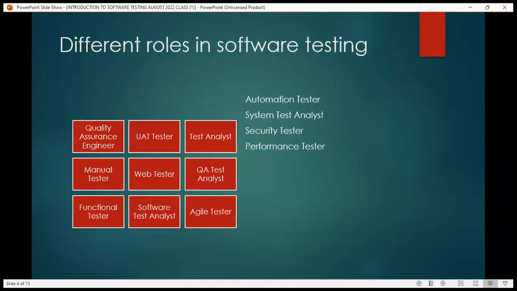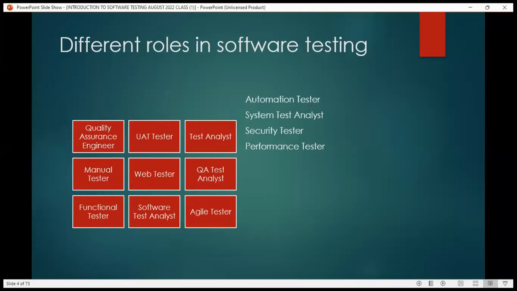And I told you about the different types of roles involved: quality assurance, UAT, testing, manual testing. These are just the names attached to it. It's just one body, one person. It's just like me now, Yemi. I can have 10 names given to me by different persons. But am I changing? No, I'm still Yemi. I'm still doing the same function with my body. My name can be Yemi, my name can be Emma, my name can be Mark, my name can be anything.